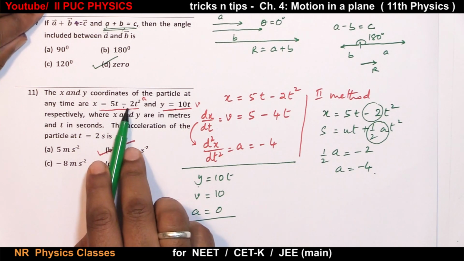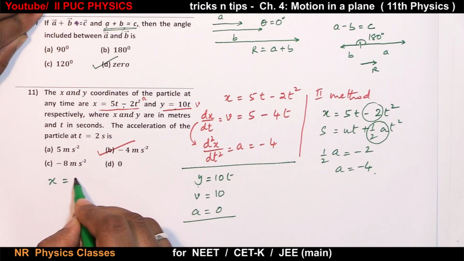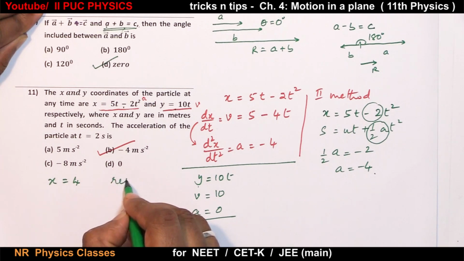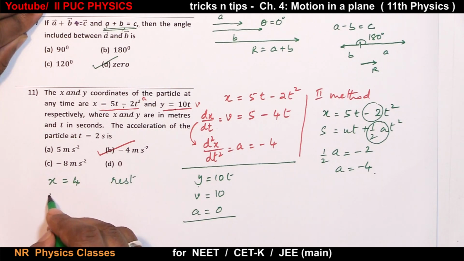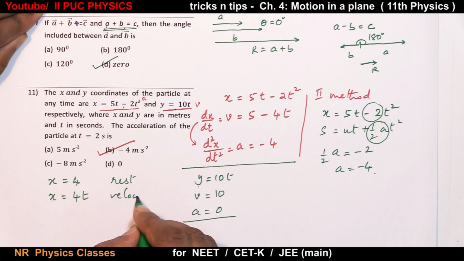Now a small tip here: if displacement is constant, say 4, then this represents an object at rest. If displacement equals 4t, displacement depends on time, so this represents velocity.